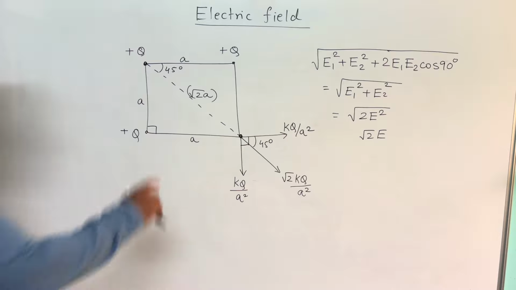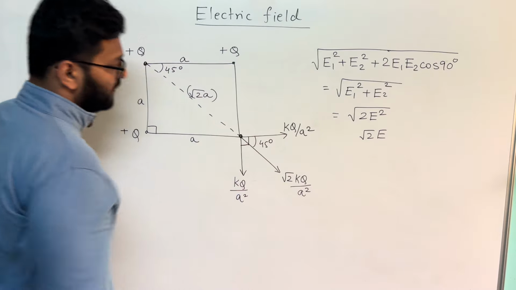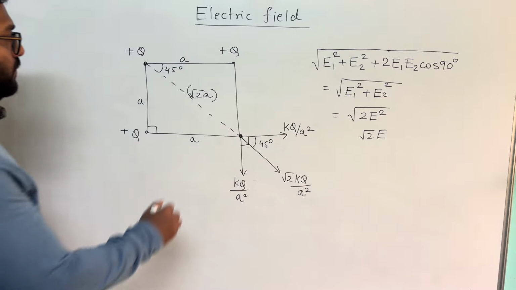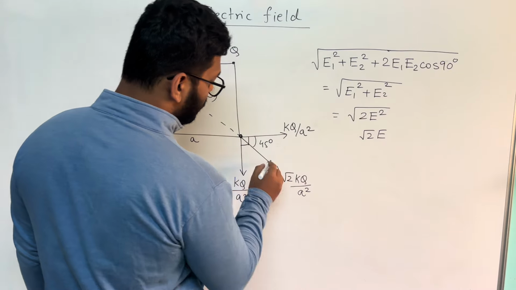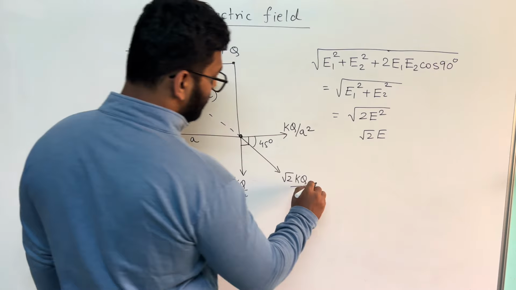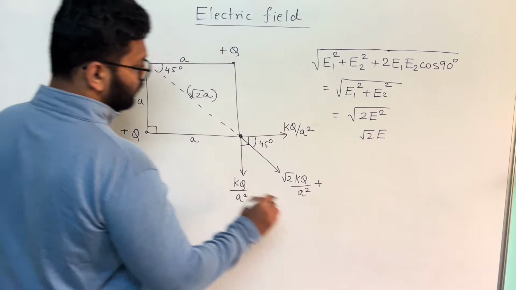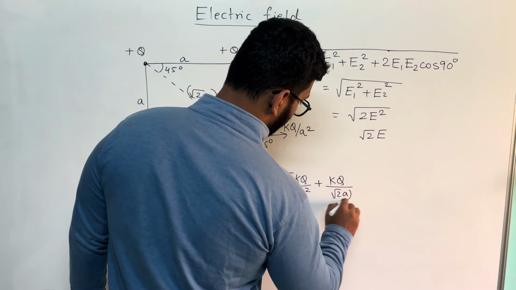Okay. So now this electric field due to this charge is along this direction only. So now this electric field is going to be in the same direction, but I don't know if it is greater or less, we will see. So that will be plus kq by root 2a square.